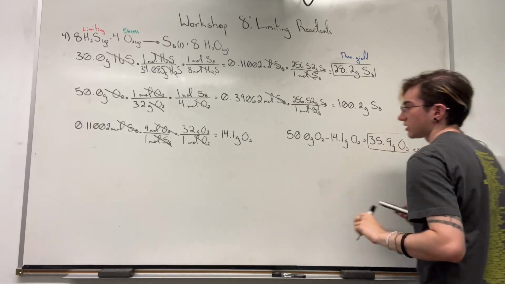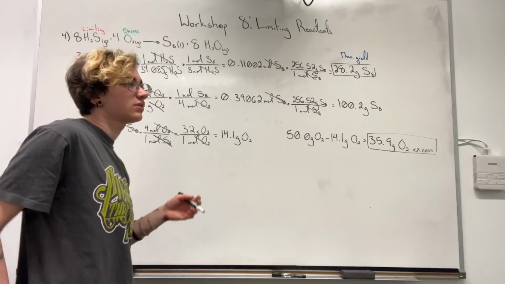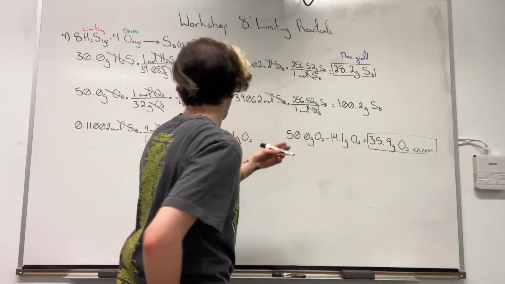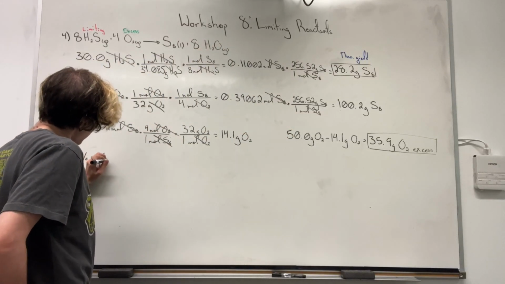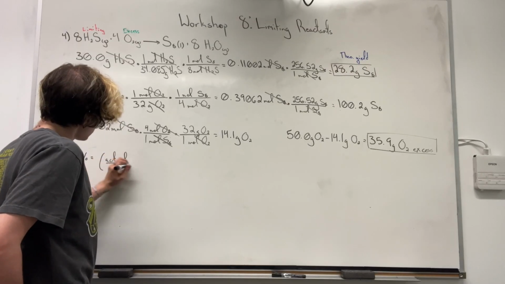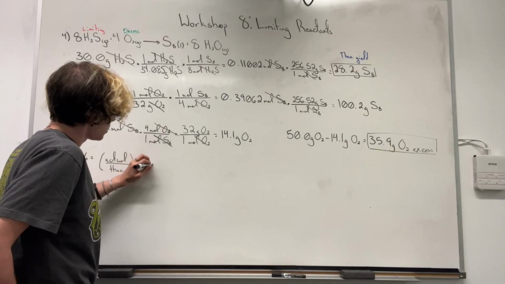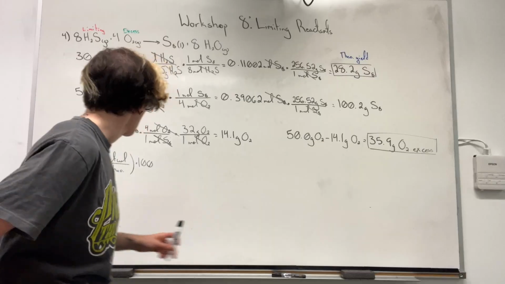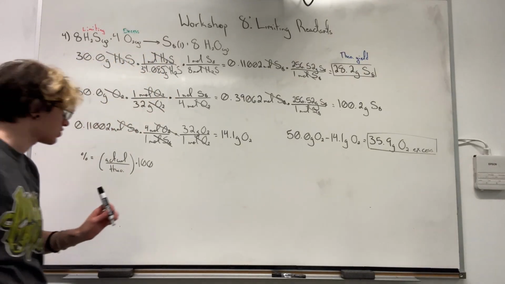And so now the last part of this, normally we would find percent yield after they have given us actual, but instead they have given us the percent yield already, and we need to find the actual yield. And remember, percent yield is equal to actual over theoretical times 100. And so, by knowing what our limiting reagent is and finding our theoretical yield, we have everything we need to plug numbers into our equation here to get that actual value.